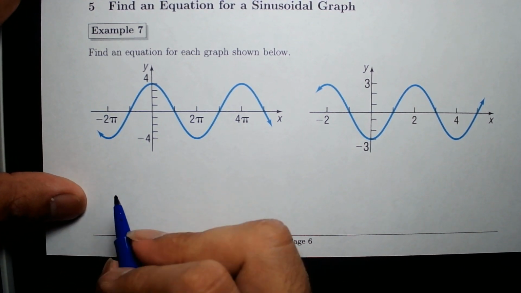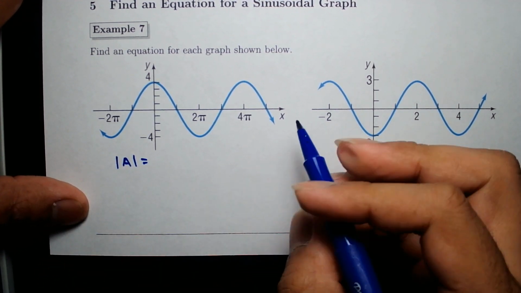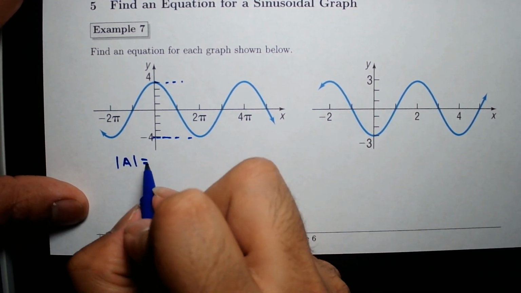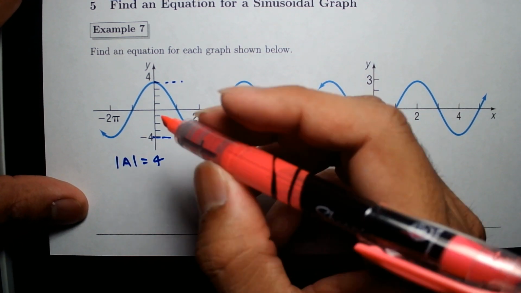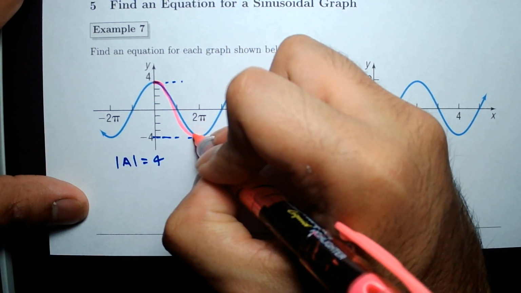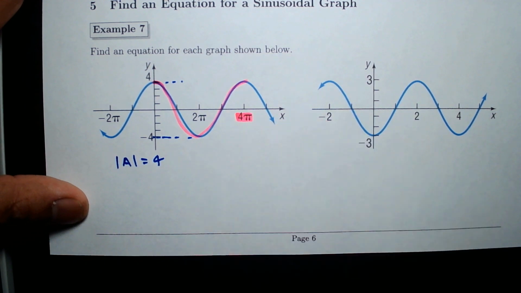All right, so let's see. I need to find the amplitude by looking at the graph. Notice how it goes from -4 to 4. That means the amplitude is 4. Now, I need to focus on only one period of the cosine function, and if we look, it completes one cycle at 4 pi.